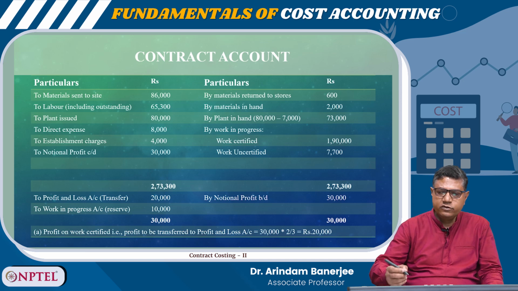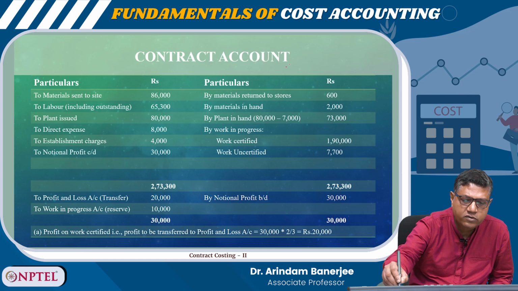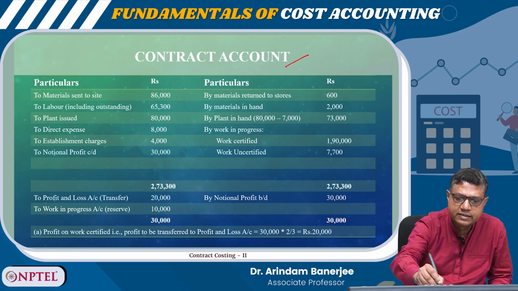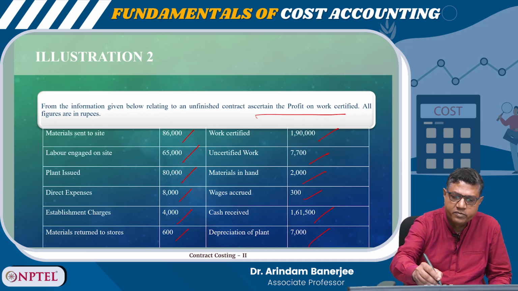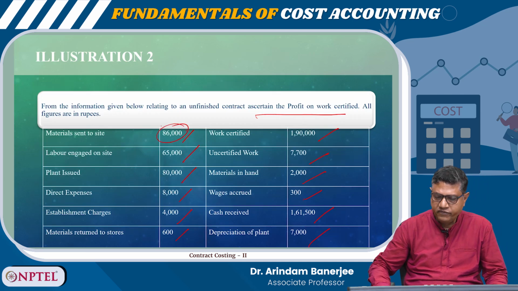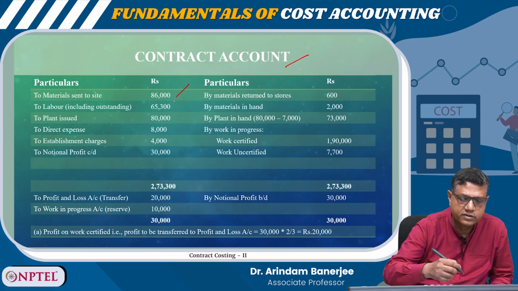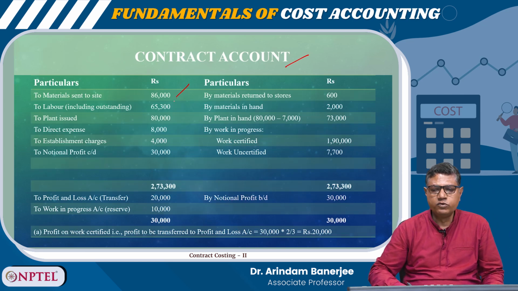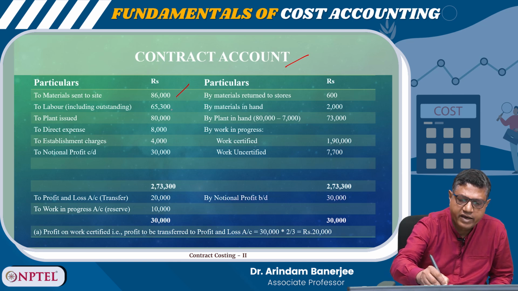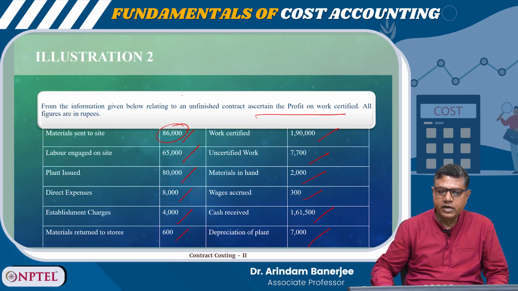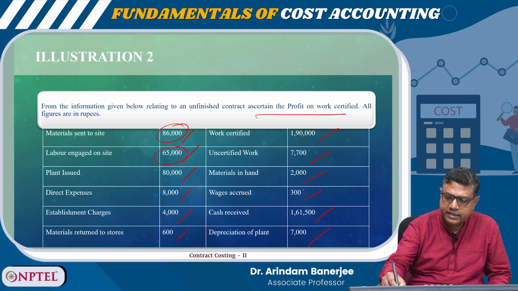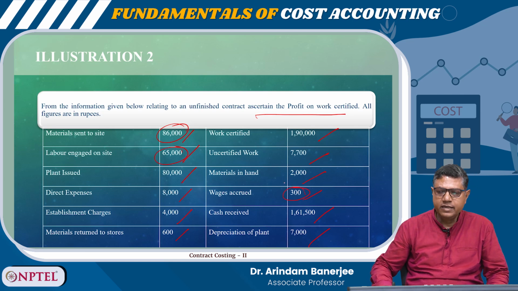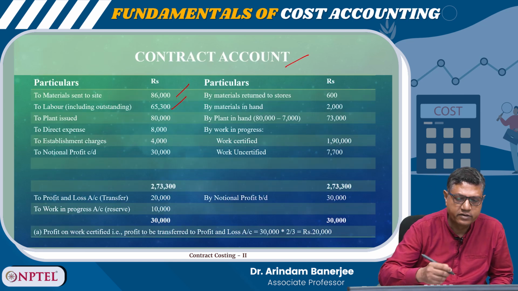We can do it like this. We can open one contract account. So, material sent to site is given 86,000, and you can see this figure is coming here, 86,000. Labor including outstanding is 65,300. So, labor is 65,000 here, plus outstanding wages 300, so total is 65,300.